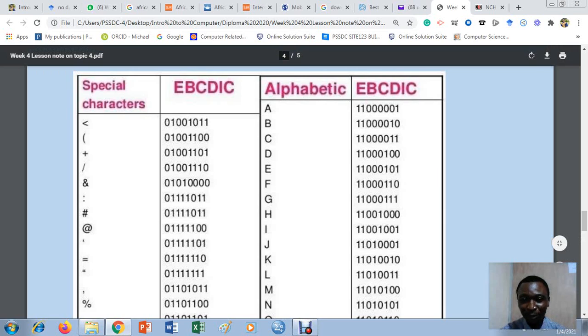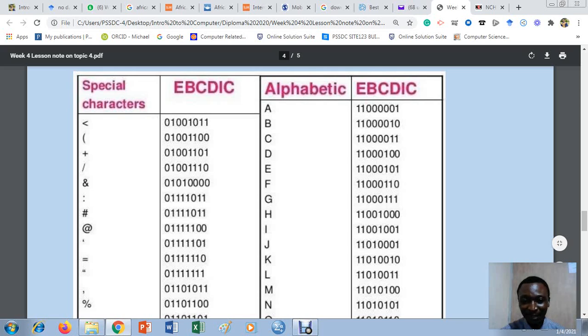It's just for you to give me all these digits, which is 1 1 0 0 0 0 1 0. Then what is E? E is 1 1 0 0 0 1 0 1.